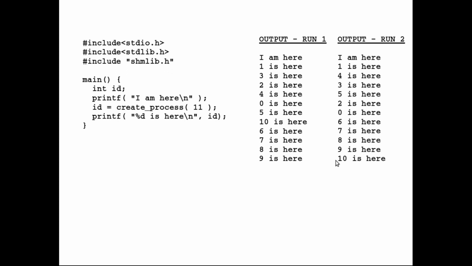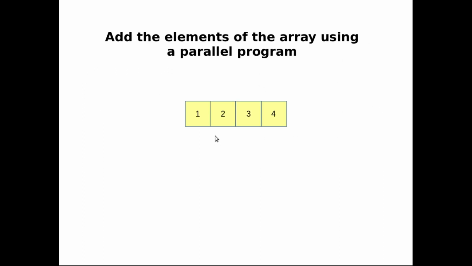Okay, so once we see how to create a process, now let us try to write a parallel program to add these 4 numbers in an array. The strategy that we will follow is we will use one process to add the first 2 numbers.